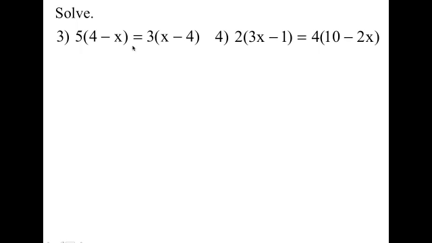Okay, so now we're just adding some distributing. Remember, distribute first, then isolate your variables to one side. So if I were to do this, 5 times 4 is 20, and 5 times negative x is negative 5x. On the other side, 3 times x is 3x minus 12. Okay, now simplify and solve for x.